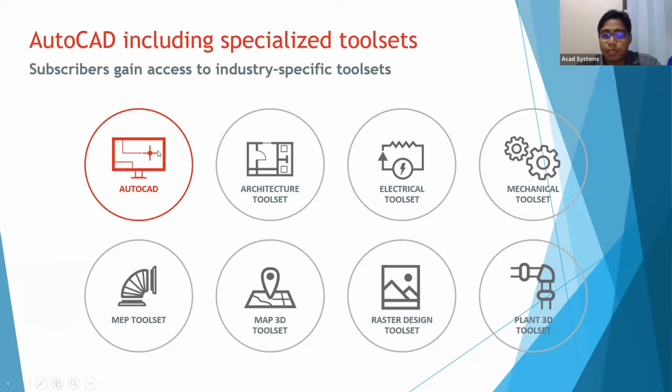You will automatically get not only AutoCAD, but also 7 extra toolsets, and one of these is the mechanical toolset. However, if you buy AutoCAD LT, it does not have the industry-specific toolsets. So just a little comparison between AutoCAD LT and AutoCAD: you need to get the AutoCAD full version in order to get these 7 toolsets, and one is the mechanical toolset.